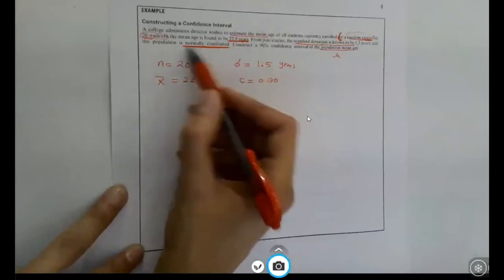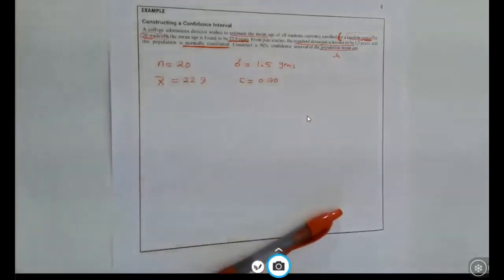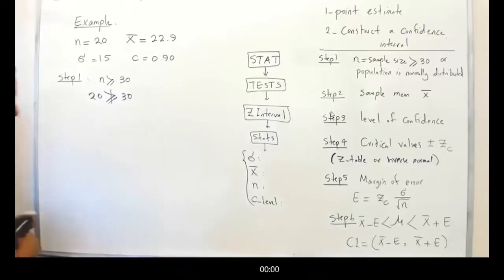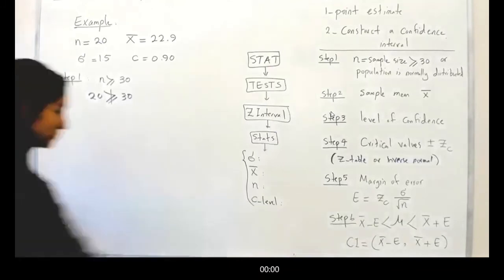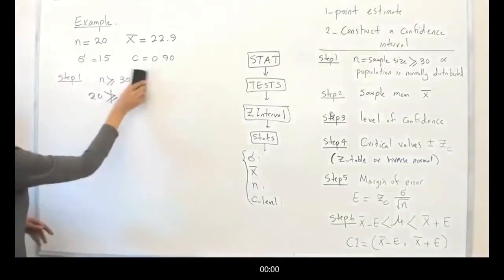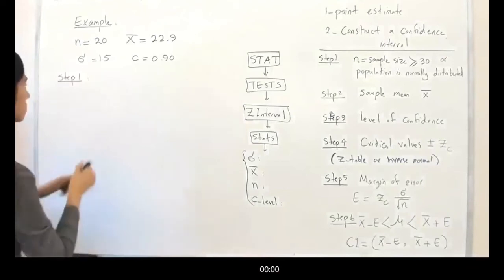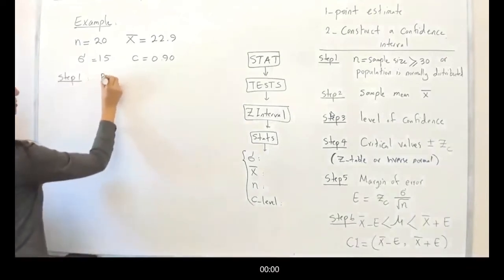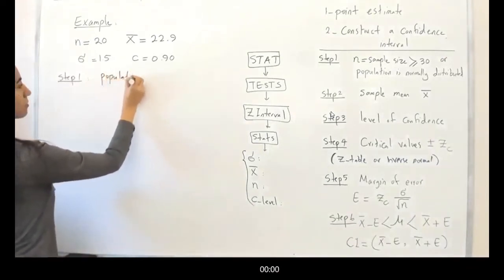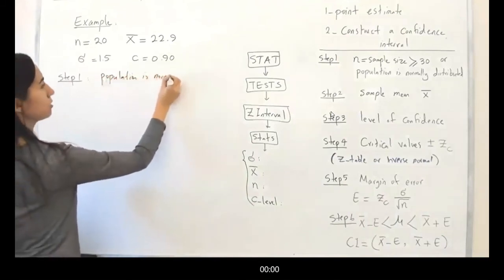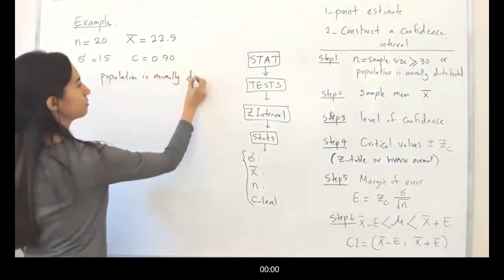So the second condition in step 1, which says, or population is normally distributed, is met. Okay, so we're not worried about this case here.